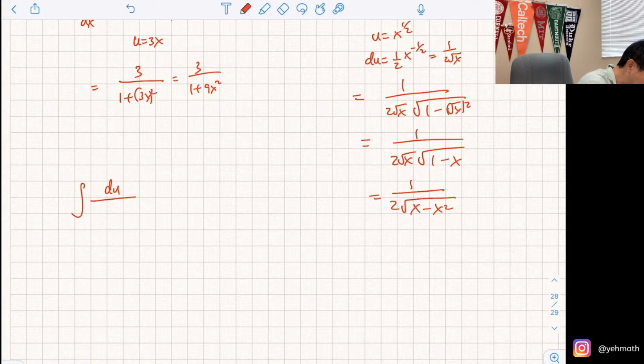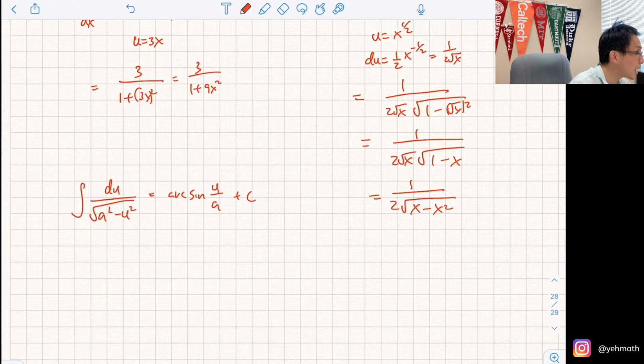Integration of du over square root of a squared minus u squared is equal to arc sine of u over a plus c. Looks very similar. Instead of 1 squared, it's going to be a squared. And the a is going to become the denominator. That's the way it is.